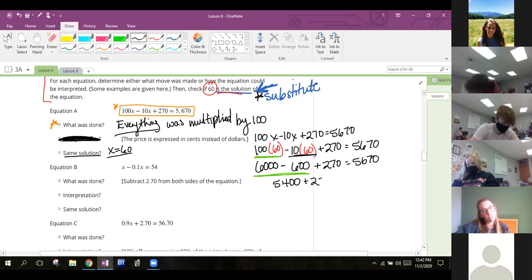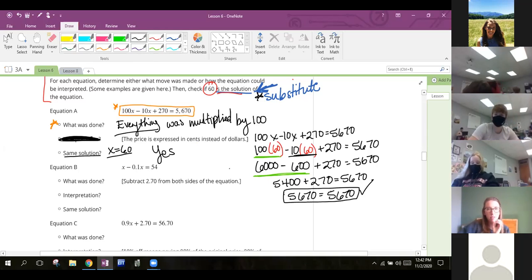Good. What's 5,400 plus 270? 5,670. So is 60 still the solution? Yes, because my equation is still true. So right here, you would just put yes.